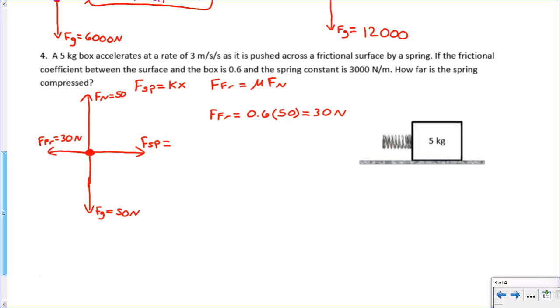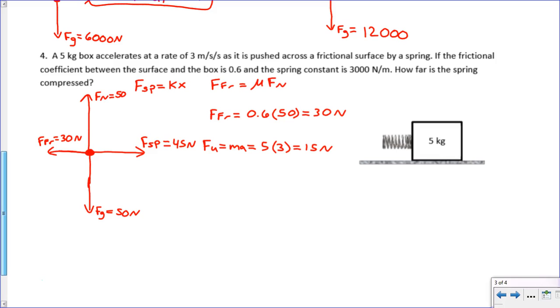The next thing we can take advantage of is that we know the acceleration, so we can figure out how unbalanced the forces are using Fu equals ma. That's 5 times 3, which gives us 15 newtons. It's accelerating to the right, so the rightward force needs to be 15 newtons more than the leftward force, which means that the spring force is 45 newtons.